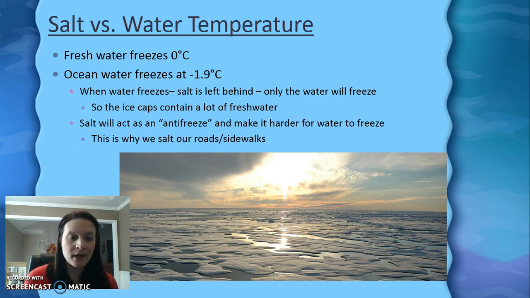So really just keep in mind that salt acts like an antifreeze. Same reason why we use salt to de-ice our roads, to get the ice off, for the snow melt, for it to be safe. Salt will make it harder for it to be in its frozen state.